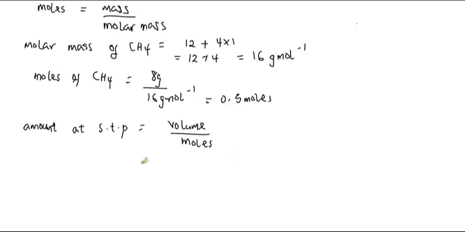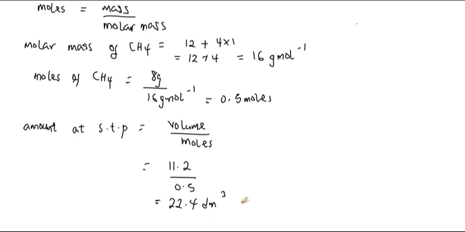So the volume of CH4 is 11.2 dm³. So we have 11.2 divided by 0.5. So this gives us 22.4 dm³. That is, the molar volume of the gas is 22.4 dm³ per mole. So that is 1 mole contains 22.4 dm³.